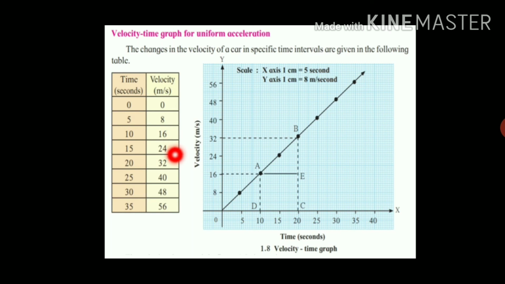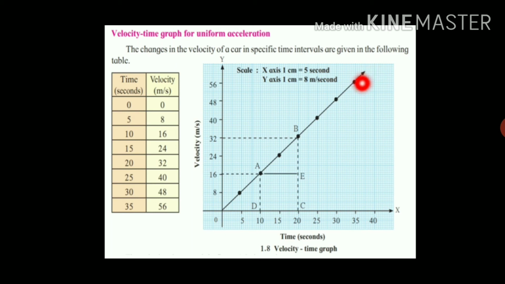In each equal time interval, the velocity of the car increases by the same magnitude, and therefore when we plot the graph of time against velocity, with time on the x-axis and velocity on the y-axis, we obtain this straight line graph.